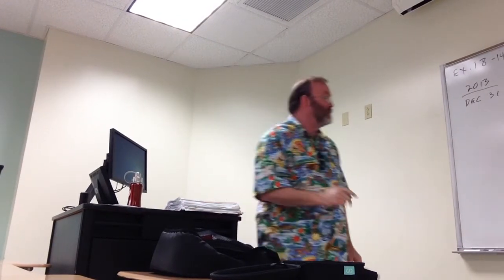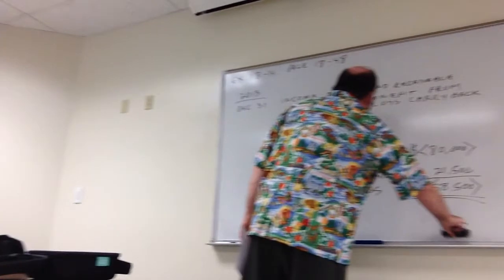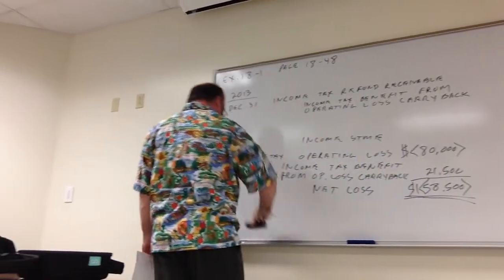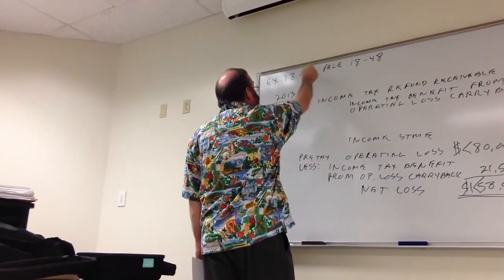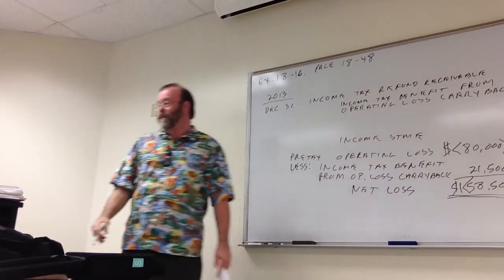So how does it differ when it's a carryforward? Look at number 16 on the same page. On this one, Baxter Company began operations in 2009 and was profitable through 2012, during which time the tax rate was 30%.